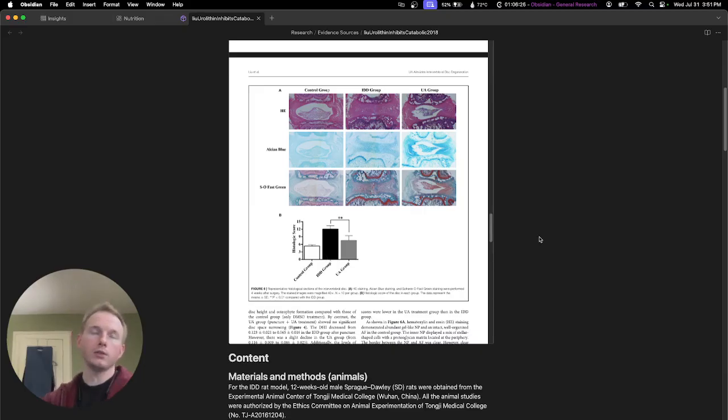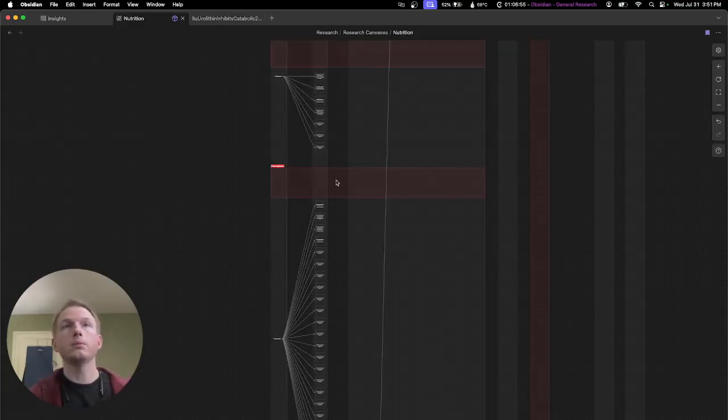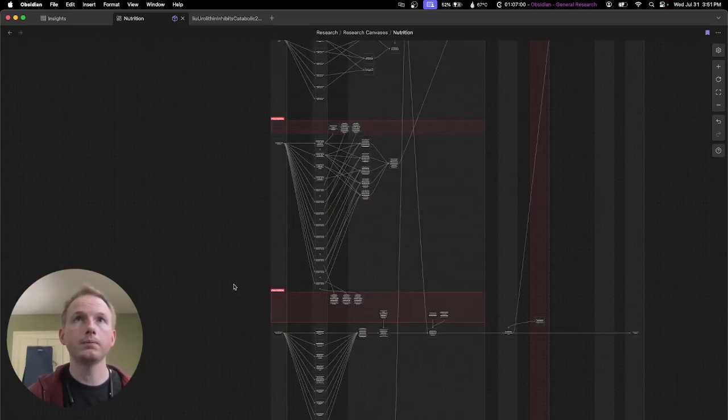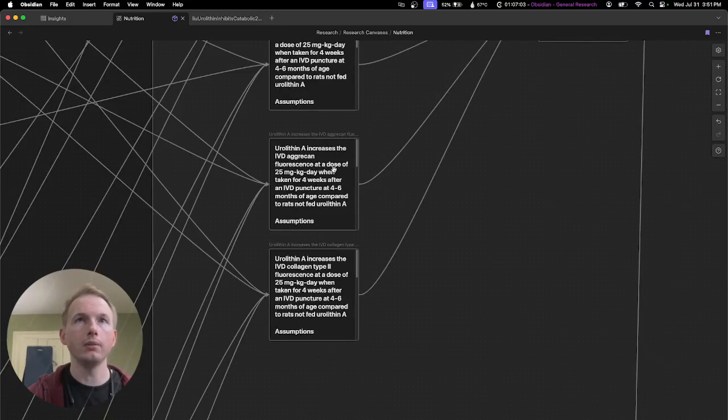I mean, at the end of the day, it's narrowing the gap between the group that was treated and the animals that had the IVD puncture and those that did not. So just for simplest, just to prevent a headache... I really don't like that.